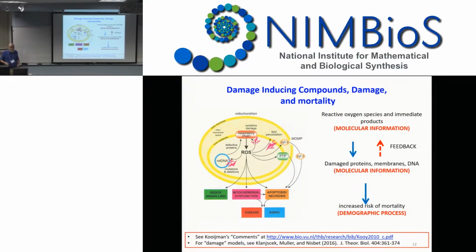But DEB theory has a rather nice characterization of the physiological component of mortality, and it's a generalization of the ideas built around the idea that oxidative damage is a key component of aging and eventually mortality, which is a controversial idea.